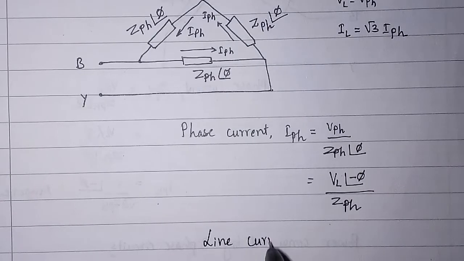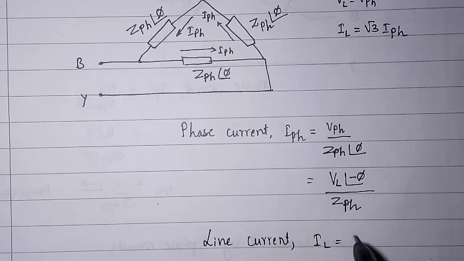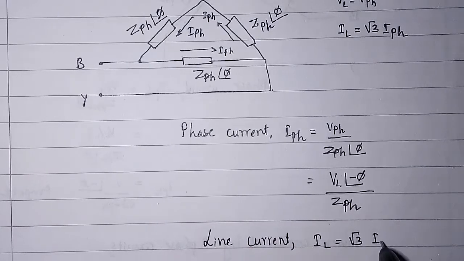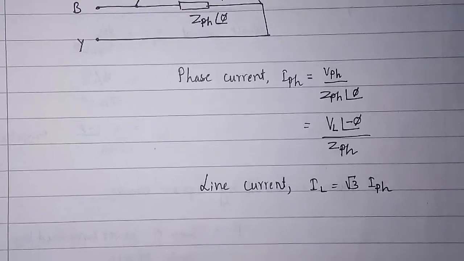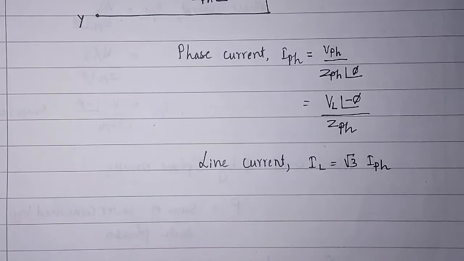Line current IL is equal to root 3 times IPH. So after calculation of phase current, we can calculate line current simply by multiplying phase current by root 3.